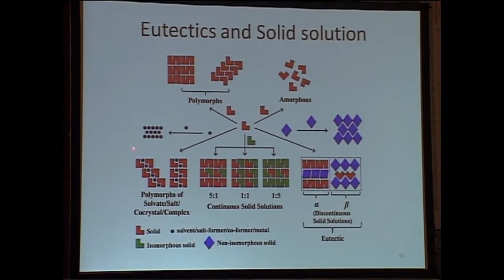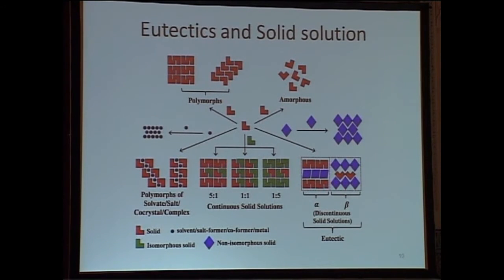One can also have solid solutions when there is a bit of shape similarity or isomorphous nature between the two components, where one can have a variety of stoichiometries. These are more like fixed stoichiometry, multi-component adducts. These are variable or continuous stoichiometry.